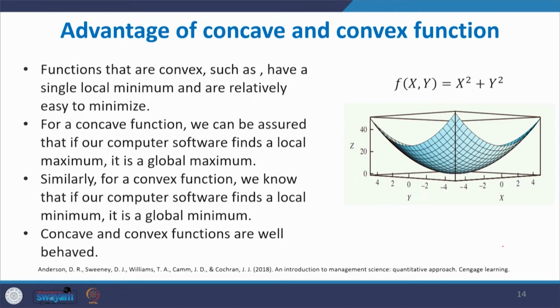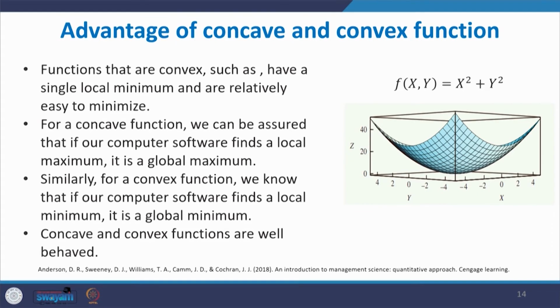Advantage of concave and convex functions: as I discussed before, functions that are convex have a single local minimum and are relatively easy to minimize, and there is a guarantee that if you recommend a solution that is a local minimum, at the same time that is the global minimum also.